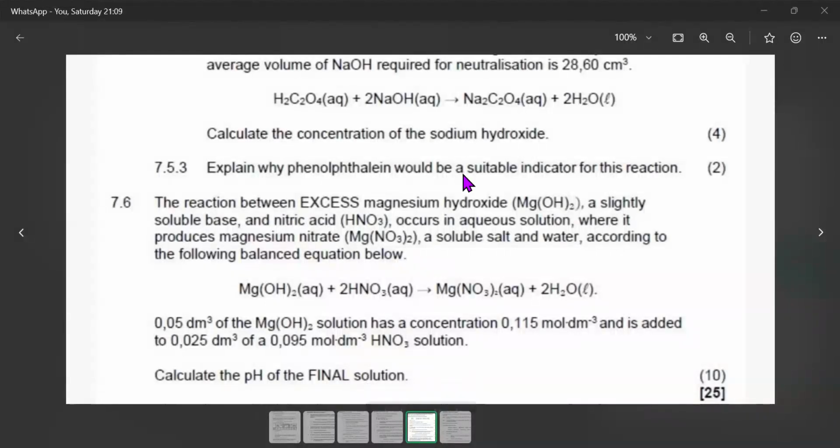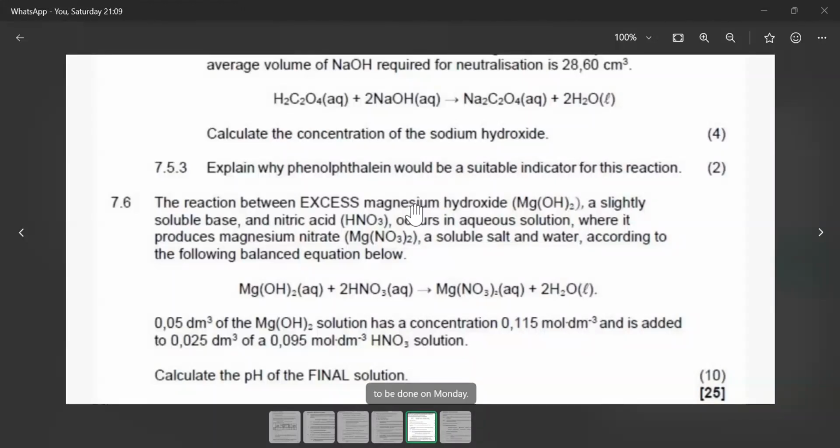So if a base is in excess, it means the base is the one that will determine the pH of the final solution. So it means we'll have to begin by finding pOH and then use the relationship between pH and pOH in order to get the pH of the solution.